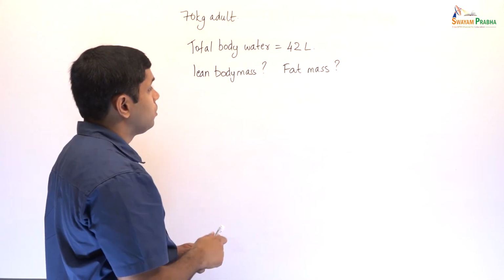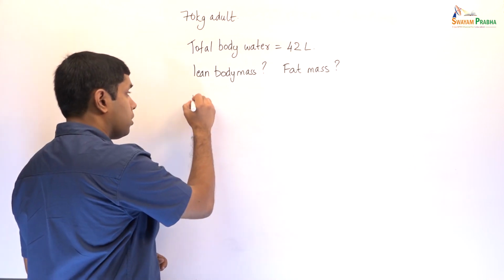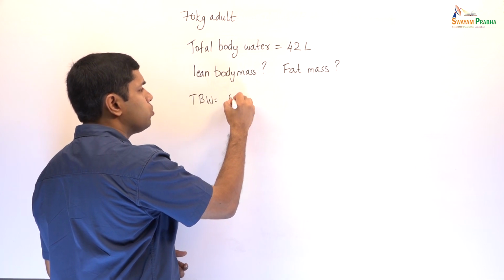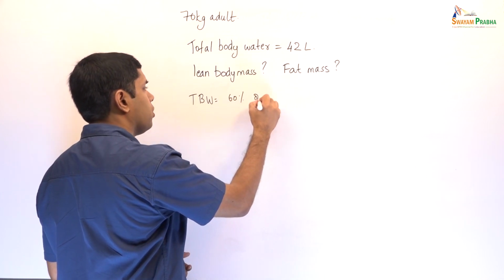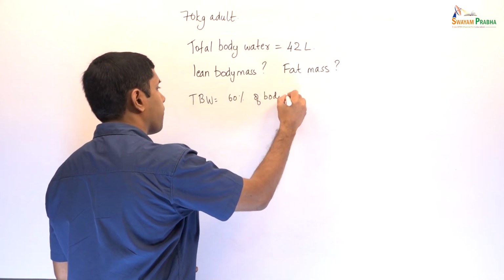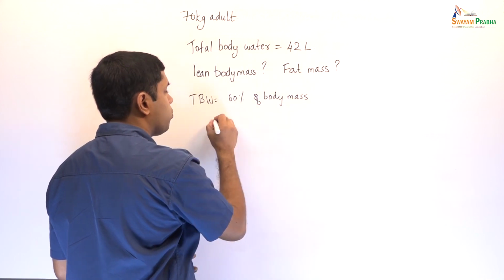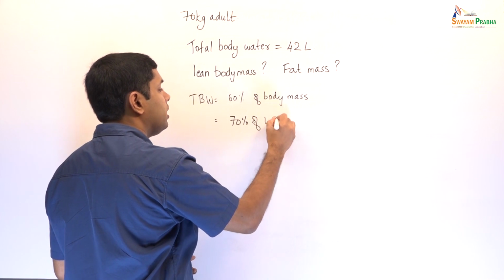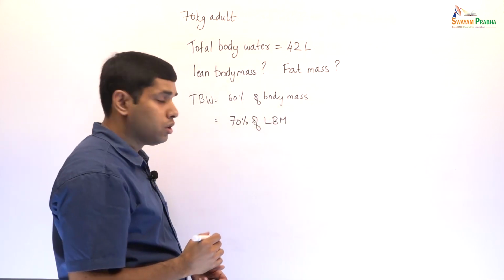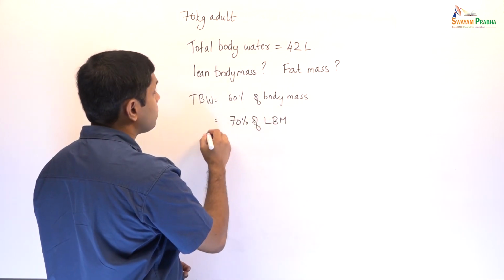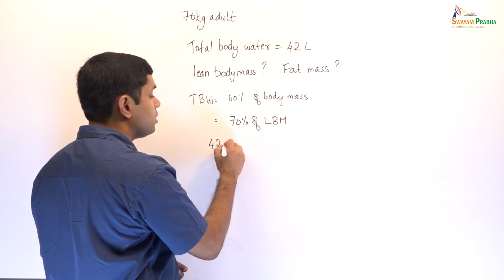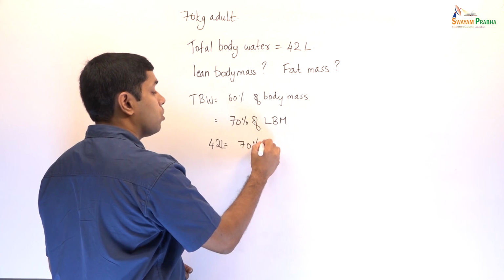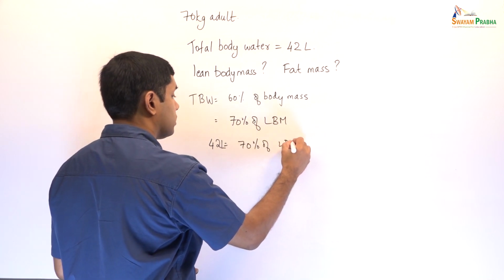Now we know that the total body water is approximately equal to 60% of body mass, and we know that it is 70% of lean body mass. So we know that 42 liters is equal to 70% of lean body mass.